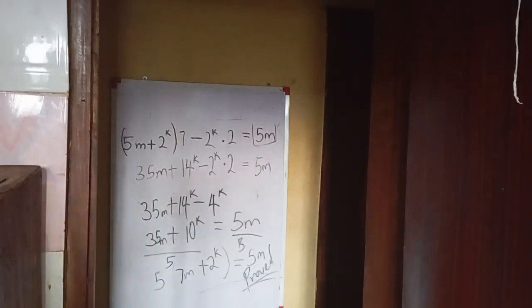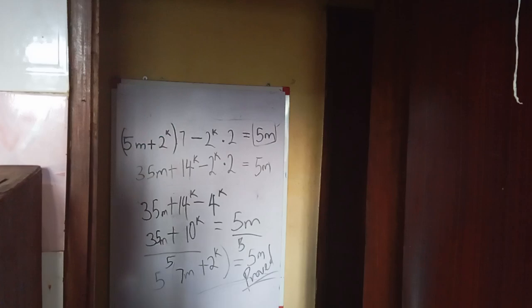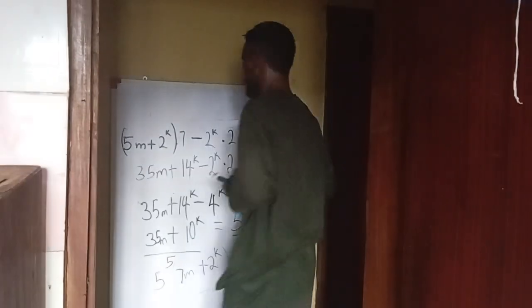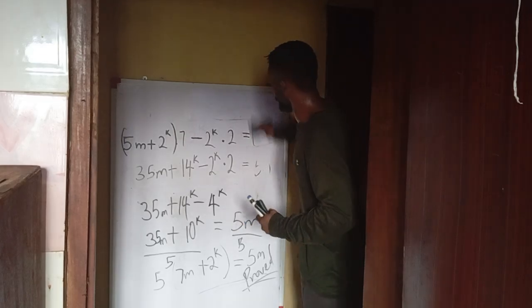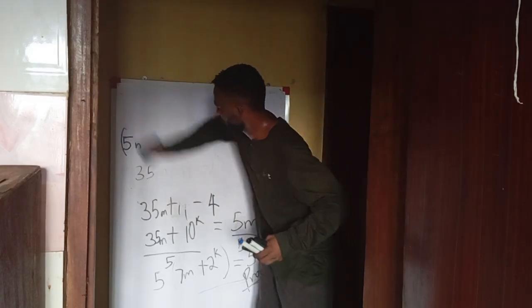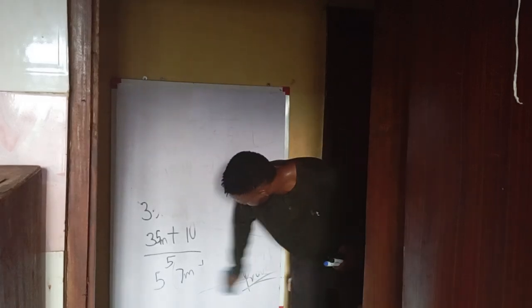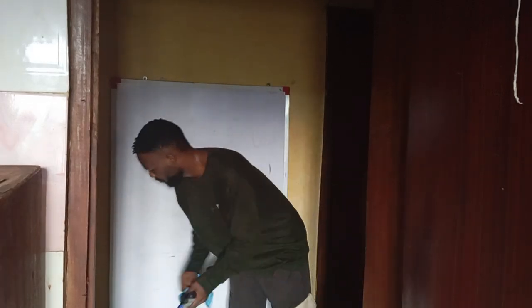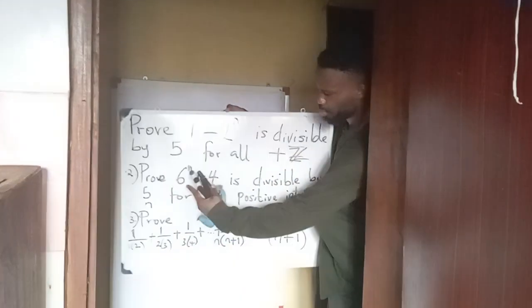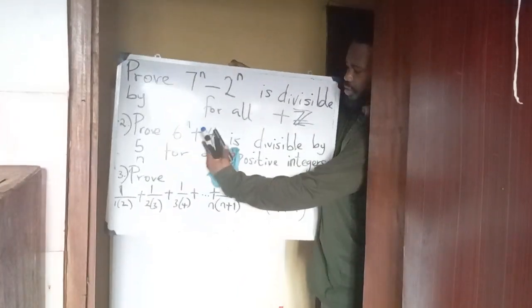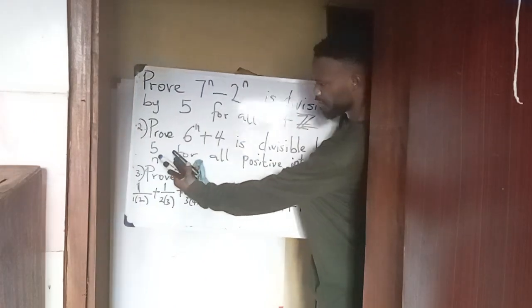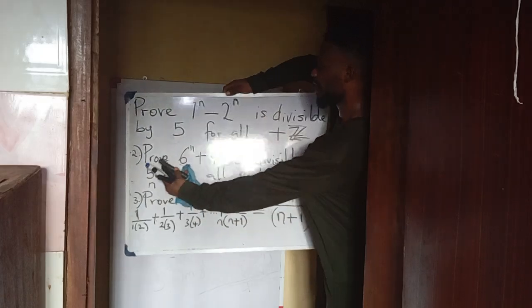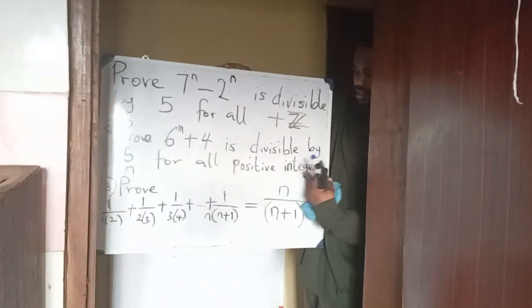Let's refill the marker. Alright, so for question 2, the question says, prove that 6 raised to power n plus 4 is divisible by 5 for all positive integers n.